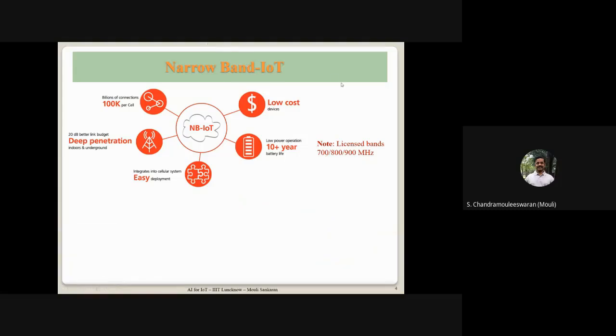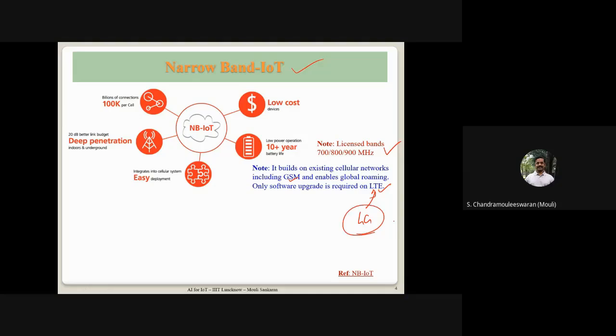Now, this narrowband IoT makes use of existing wireless infrastructure that we have put in for mobile devices, both GSM as well as LTE, which is similar to or more towards 4G technology. Our country has 4G already deployed, and LTE is also there.